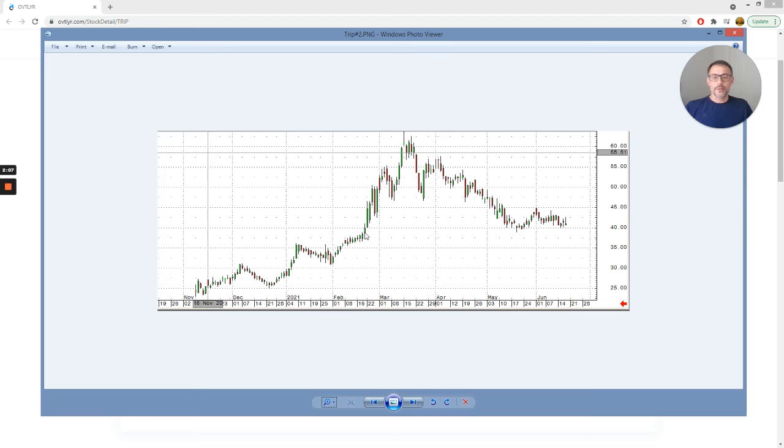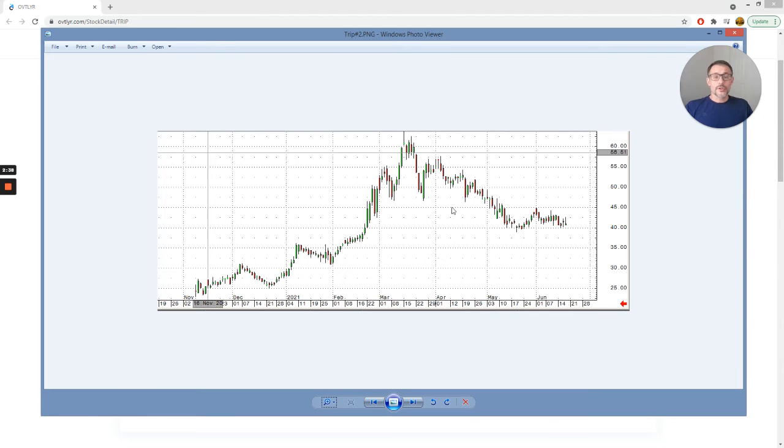You can see the volatility just skyrocket in the stock as it went from 38 into the 60s, and that continued throughout May and as it headed back down. I noted in my prior discussion that the implied volatility of the options when I did that analysis was around 50, and that there was obviously a lot of volatility and a lot of movement in Trip at that point.